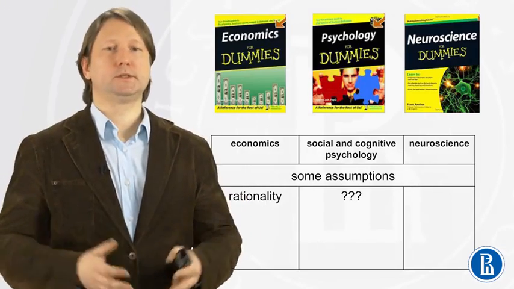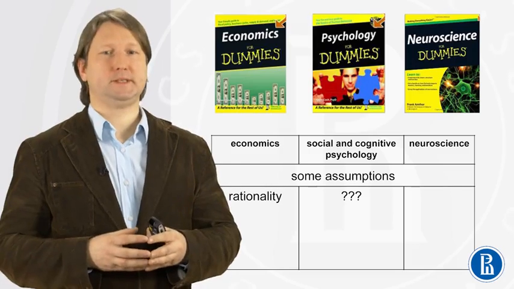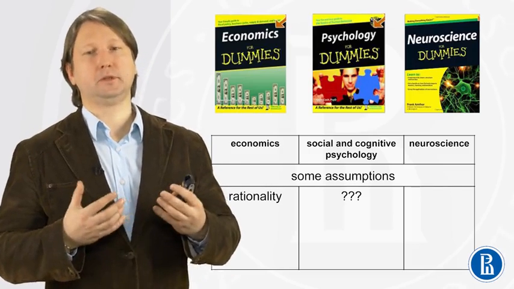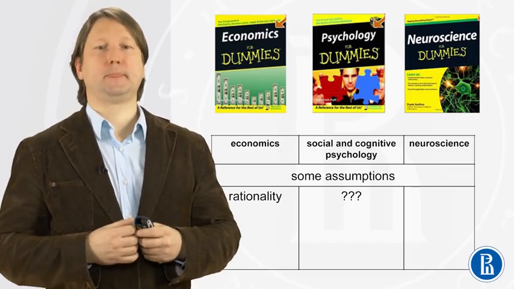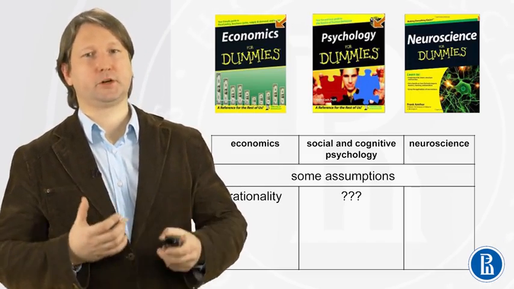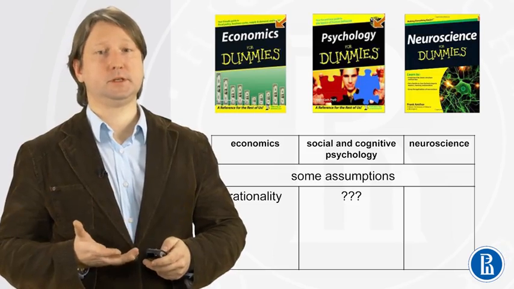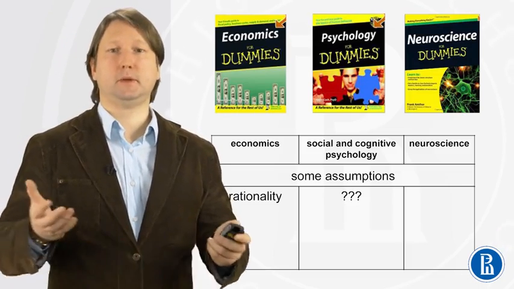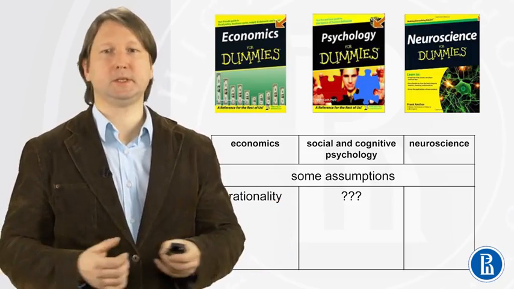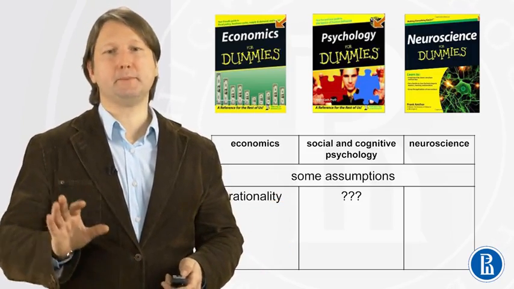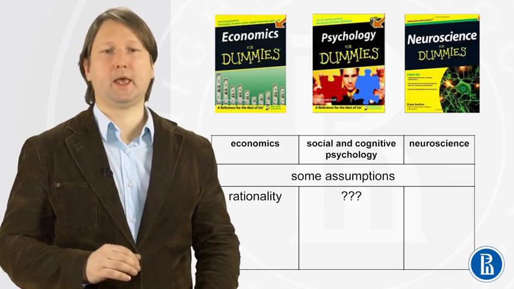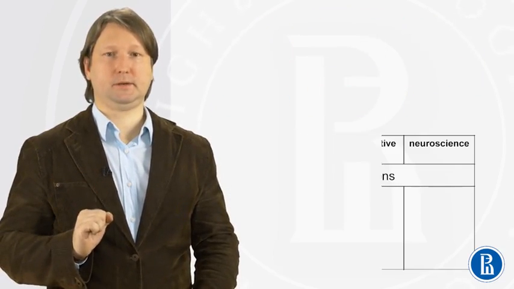Economists in this audience know well a famous example, the so-called Asian disease example, illustrating a lack of rationality in our decision-making. But biologists and students from other disciplines perhaps do not know it, so I will once again mention this famous example.